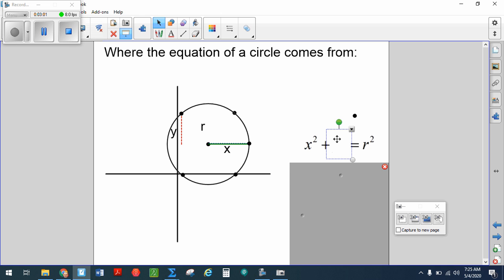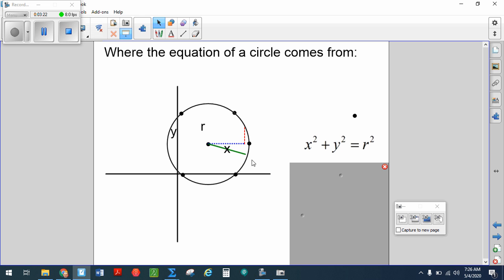And I could even change, let's say I want the green one to be there. If I change this x to any length, as long as I change my y to match it, I can still get that same r value.